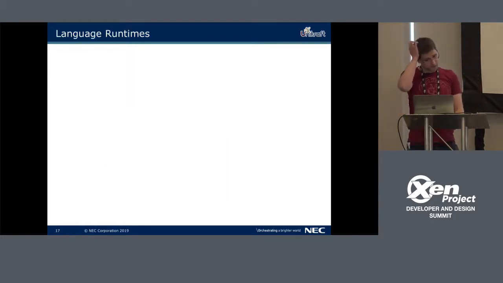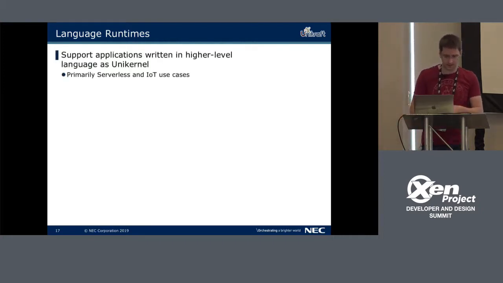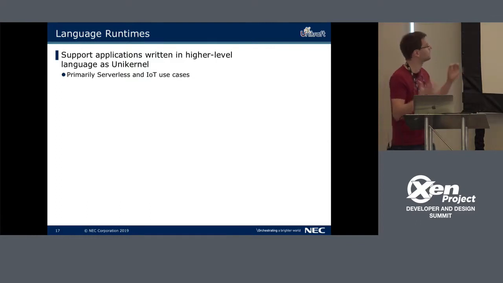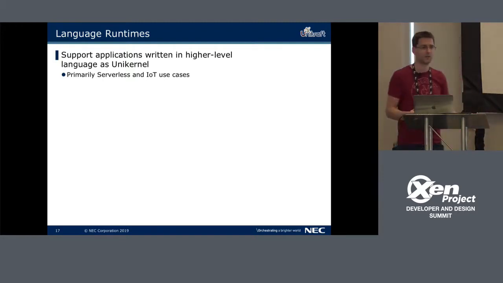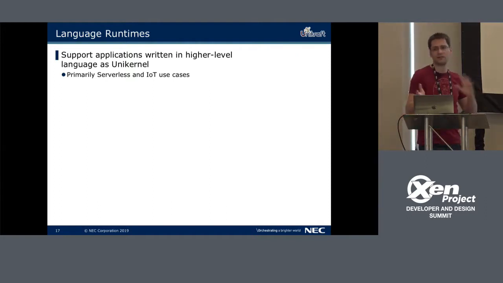Then we're working on quite a lot of language runtimes. We want to support as many higher level languages as possible, especially when we look at serverless use cases or IoT, where you have applications written, let's say, in JavaScript anyway, and the porting there just means having that runtime environment as a unikernel.